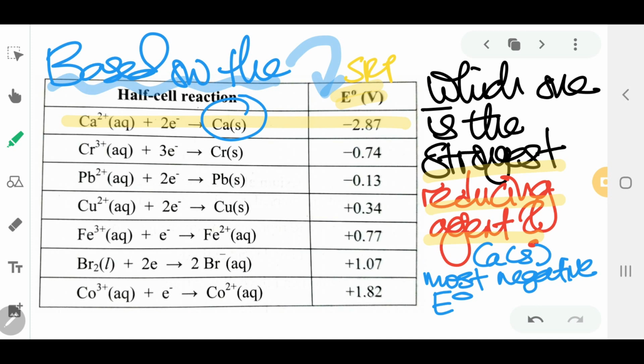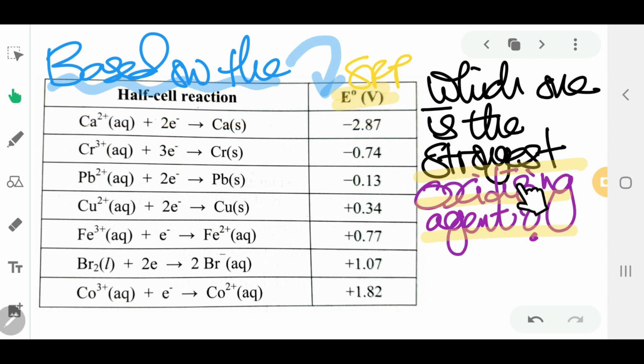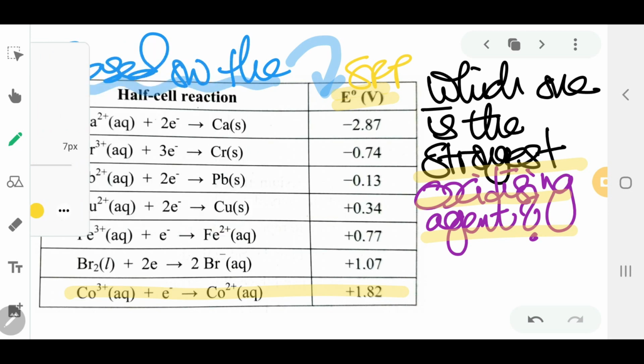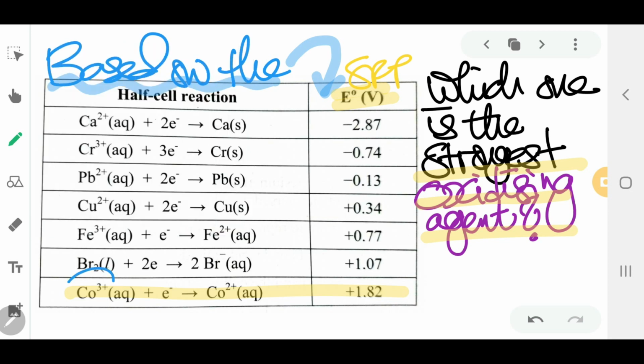Oxidizing agent is the opposite of reducing agent. If you want the most negative E0 for a reducing agent, then to find the strongest oxidizing agent you have to find the most electropositive E0 value. When you look in the table, the most positive would be that one. So the oxidizing agent we're going to look at is this.